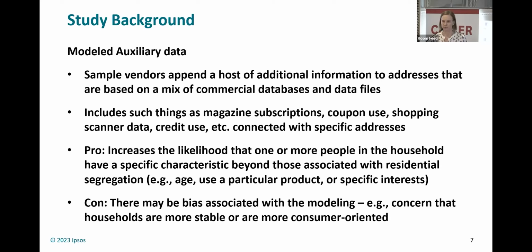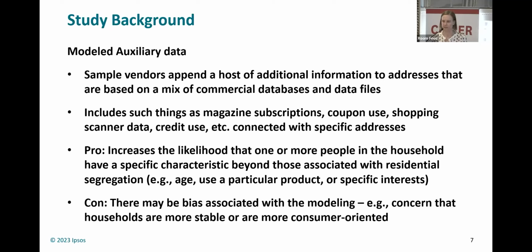And this is where sample vendors are merging into the delivery sequence file all of this information from commercial databases or supplemental data files, like leveraging magazine subscriptions, coupon use, shopping information. And so the benefit of this, again, is that you can do the targeting and that it can reach more wide demographics than what we could with the census-based targeting.